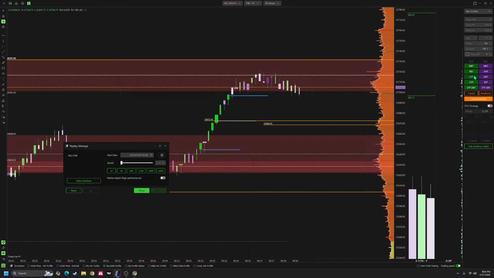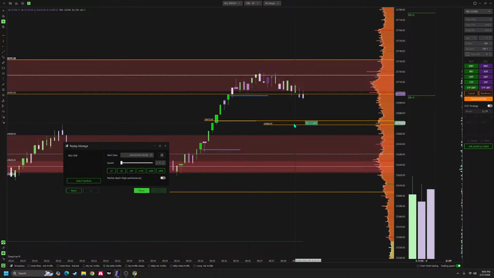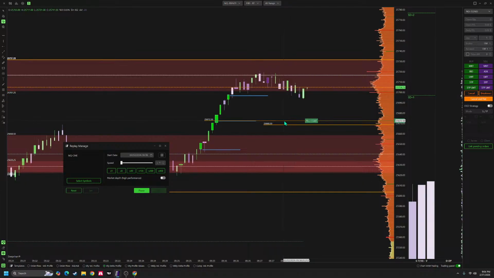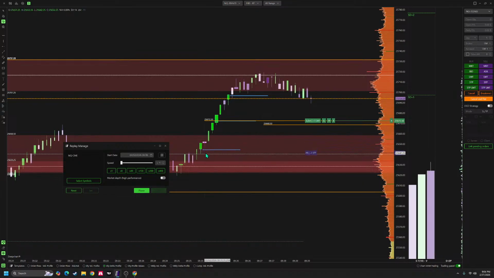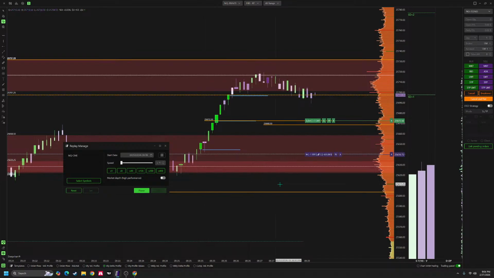We're on a sim account. This is internal to Deepcharts. We'll add a limit buy order. I'm going to put it right at the top here. We put our stop loss. These sellers got absorbed, so this is a good place for the stop loss. 650.